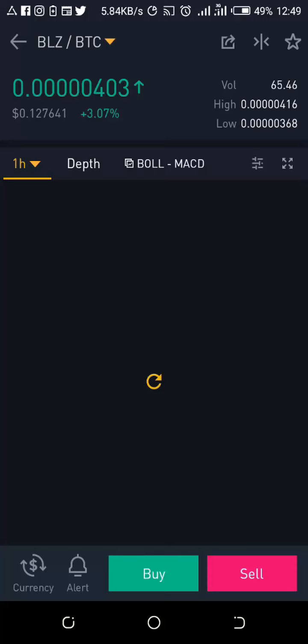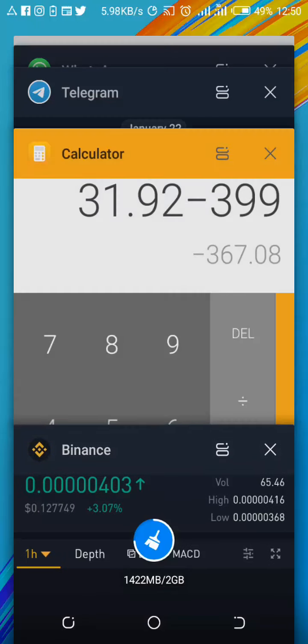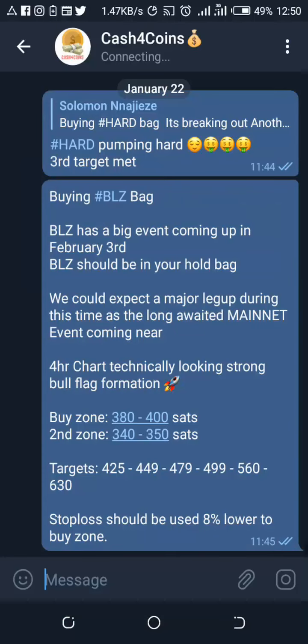if none has been executed, if the price has passed our first take profit, you can adjust our sell order. The first target here is what? 425 Satoshi, right?